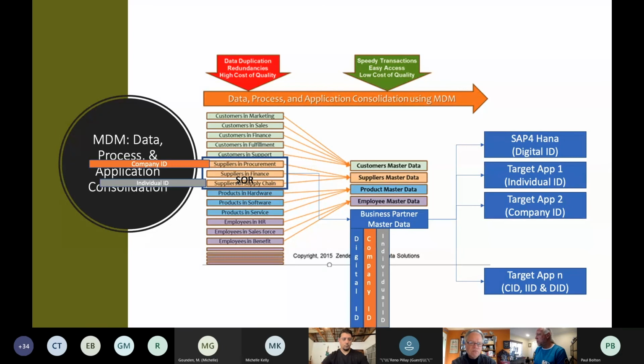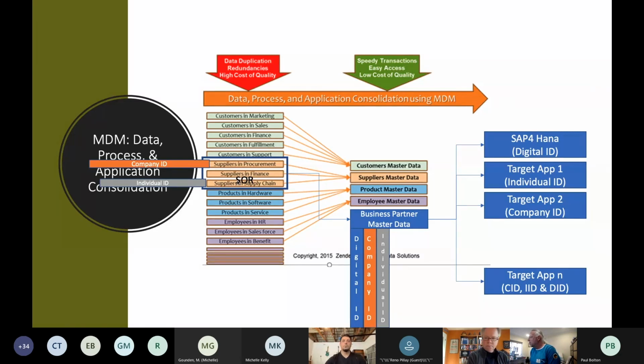Once we've got this golden profile sorted out, we are then able to feed the downstream systems, the SAP HANA, the BI, the target application one. Oh, shucks, I only deal with individuals. I'm not interested in companies. So all you need is then the individual information, and same with target application 2, and then you may have applications that want all the information. So that's how the flow of information will go through.